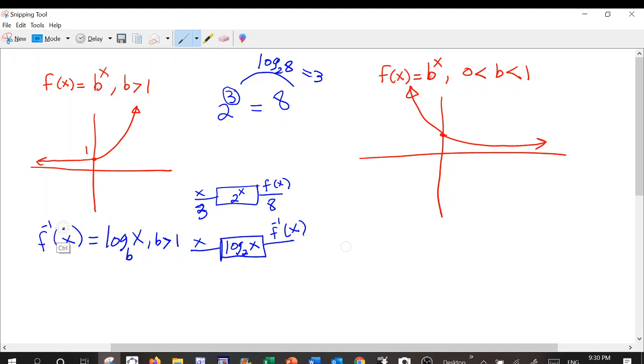So now we have what? We have logarithmic functions as inverses of what? Exponential functions. And the same is true for the family here.